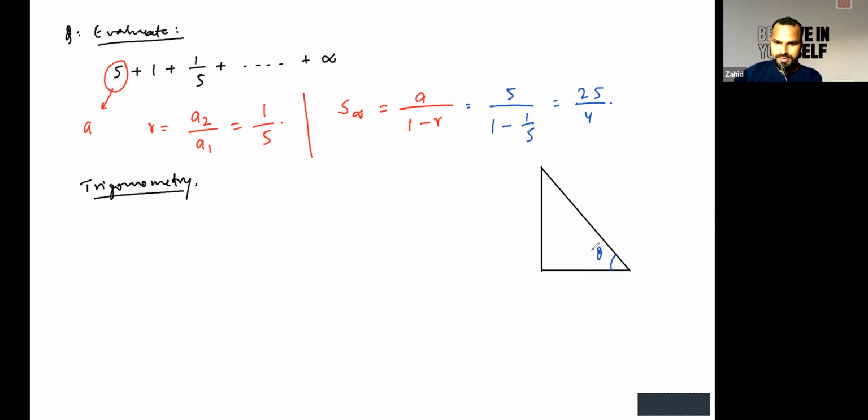If theta is this, then the side opposite to this particular theta is called the perpendicular. Adjacent to this particular theta is called the base, and the longest side of this particular triangle is called the hypotenuse.